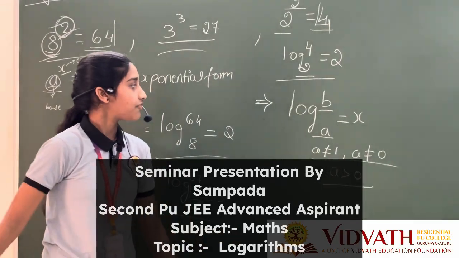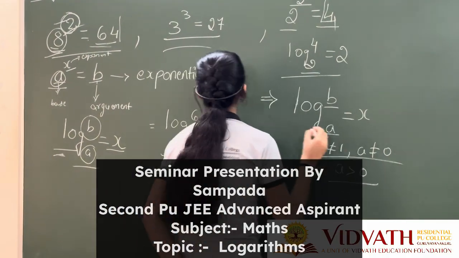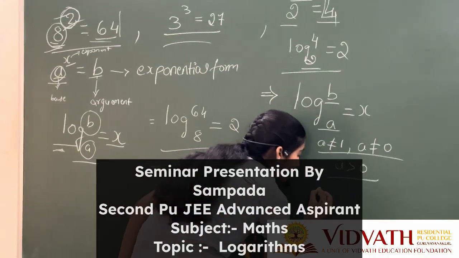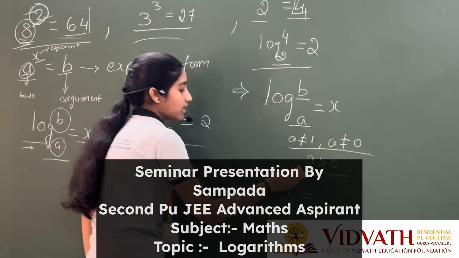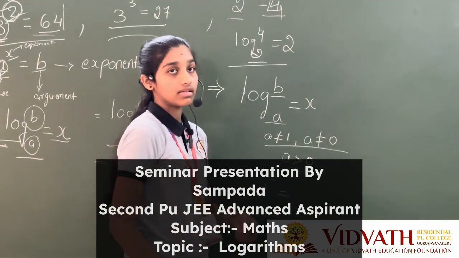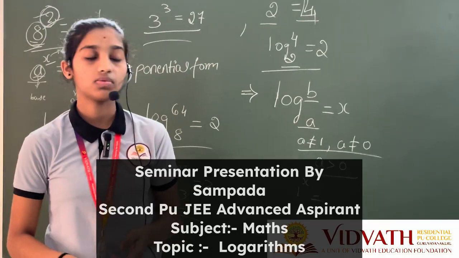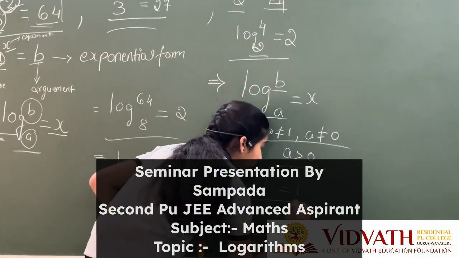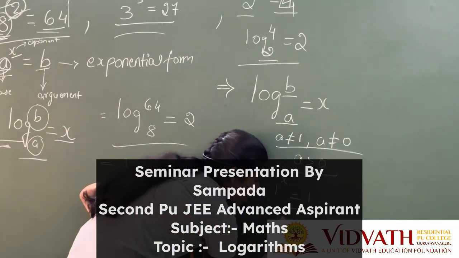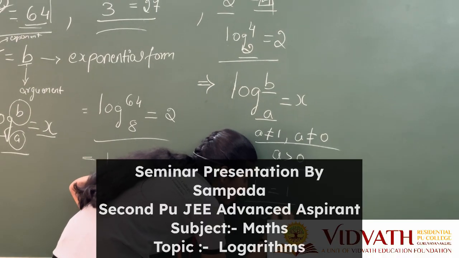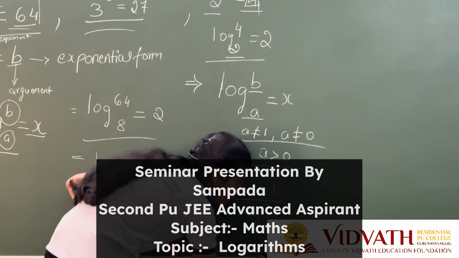Why is this? Take 1 power x: 1 to the power any number is equal to 1. It is a constant. If we take log of any power to the base 1, it is always a constant.